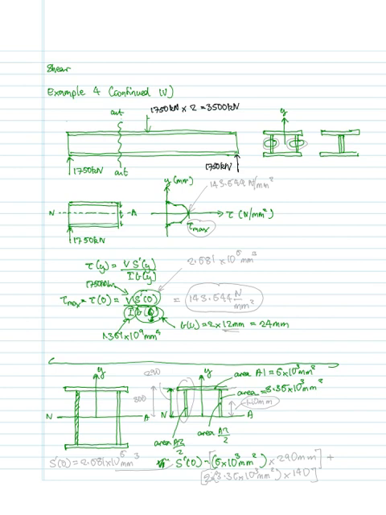So to work out the first moment of area about the neutral axis, we'll have S dash at 0. So that's going to be 6 times 10 to the 3 millimeters squared, and that needs to be multiplied by the distance to the centroid of the top bit.